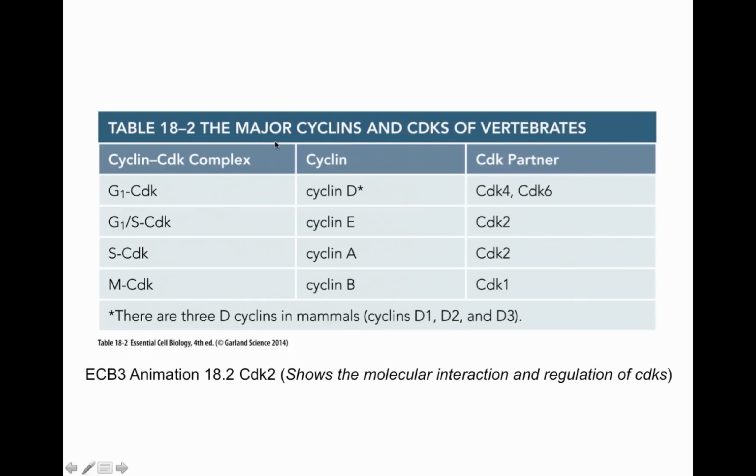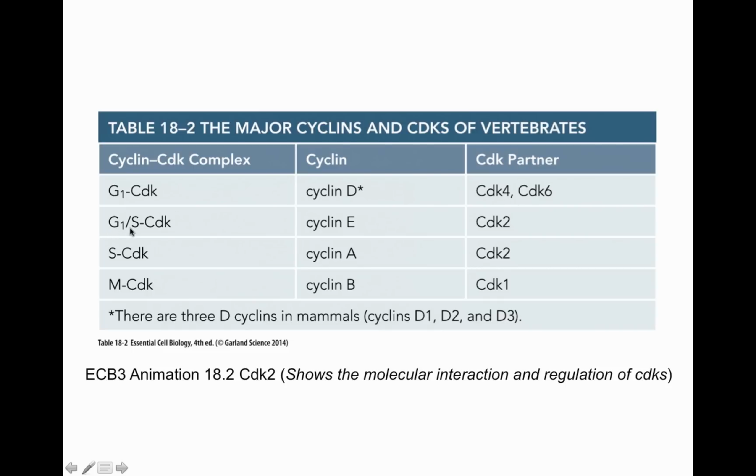This table shows some of the major cyclins and cyclin-dependent kinases that are present in vertebrates. In the first column, you have the cyclin-CDK complex. You have G1-CDK, important to the G1 phase of the cell cycle, composed of cyclin D and either CDK4 or CDK6.